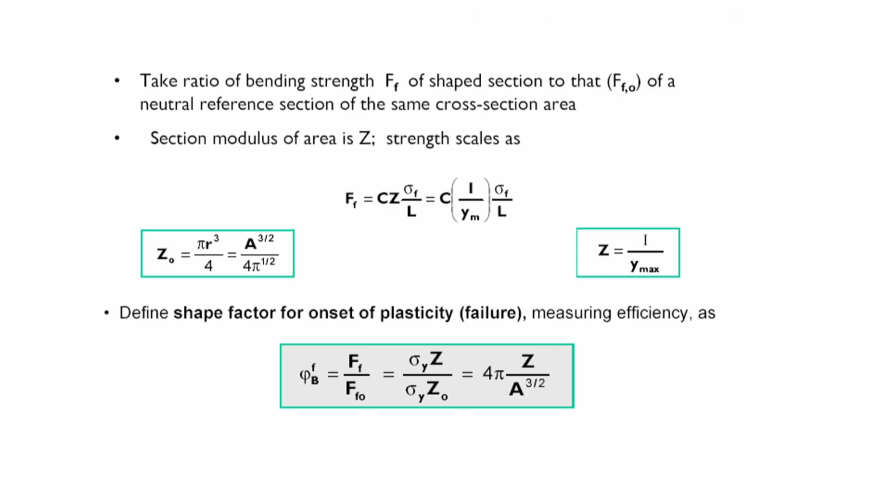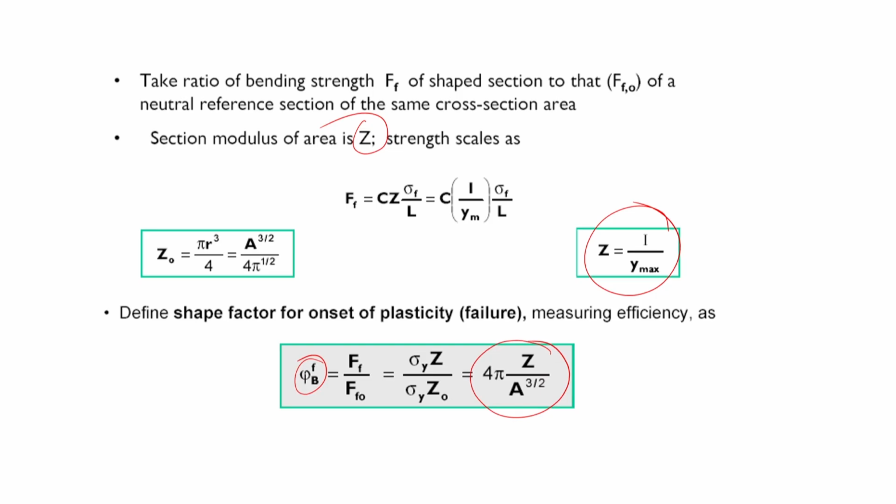So, as I told you, in terms of the strength, we will look into the section modulus, and I already explained the section modulus to you. Accordingly, with respect to a baseline design, you can get the phi b f, which will be something like 4 pi Z over A to the power 3/2, a slightly different expression, but that is what we will land into corresponding to the strength.